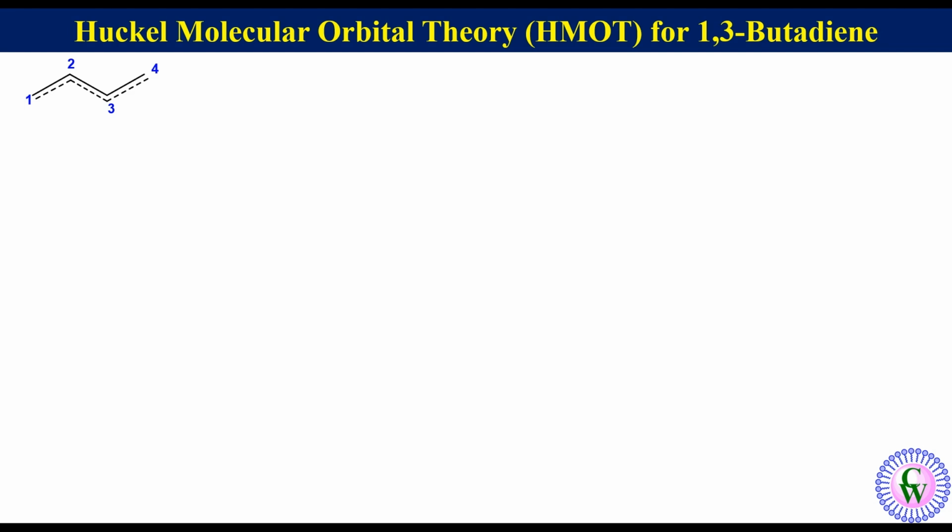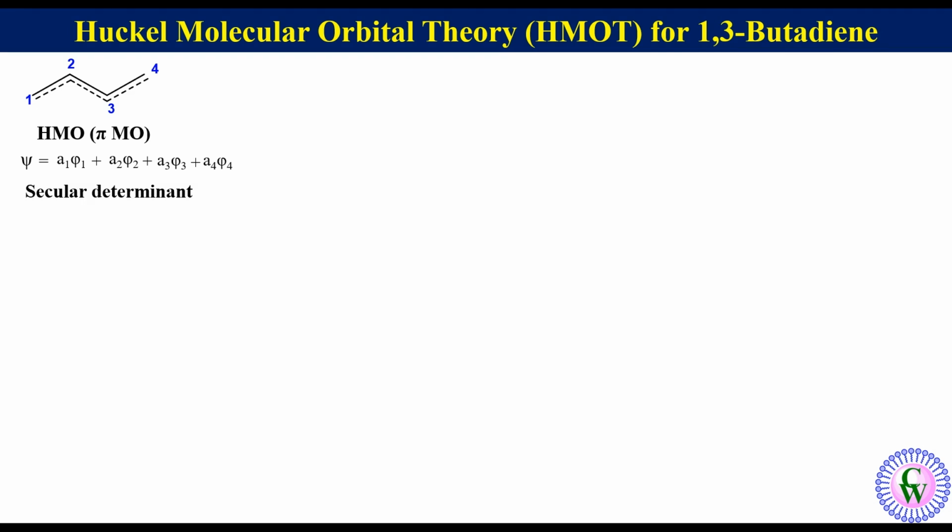The general expression for the Huckel molecular orbitals or pi molecular orbitals can be written as: psi is equal to A1 phi 1 plus A2 phi 2 plus A3 phi 3 plus A4 phi 4, where psi is the Huckel molecular orbital, phi 1, phi 2, phi 3 and phi 4 are pz atomic orbitals of C1, C2, C3 and C4 involved in pi bond formation, and A1, A2, A3 and A4 are orbital coefficients.